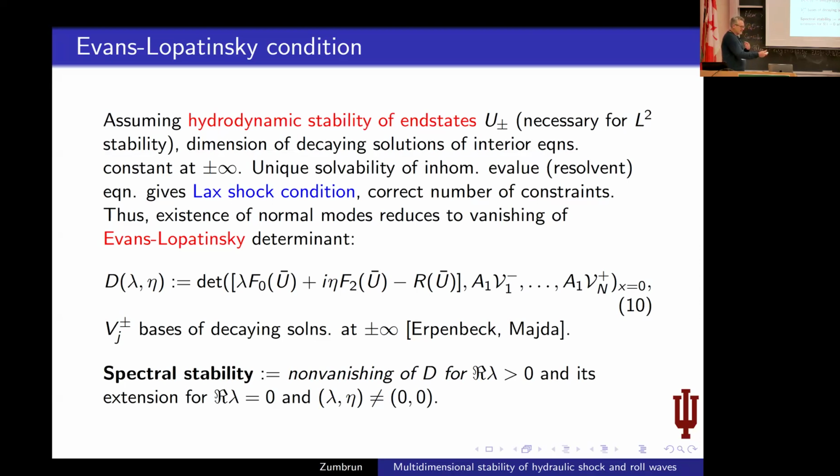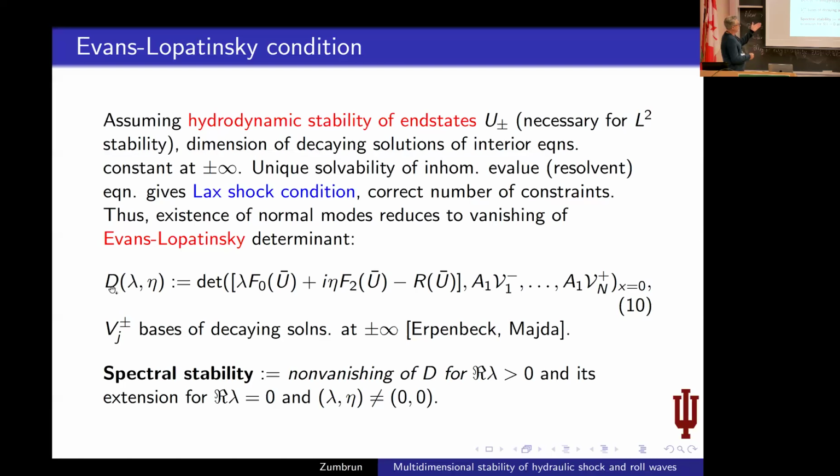And they are the right number so that there should be a unique solution, zero, of the eigenvalue equation. So only trivial solutions, unless a certain determinant vanishes.